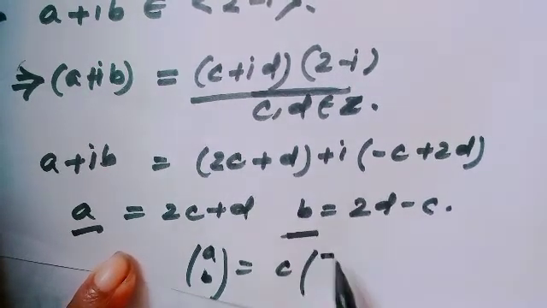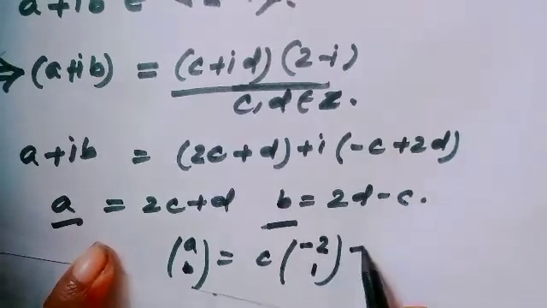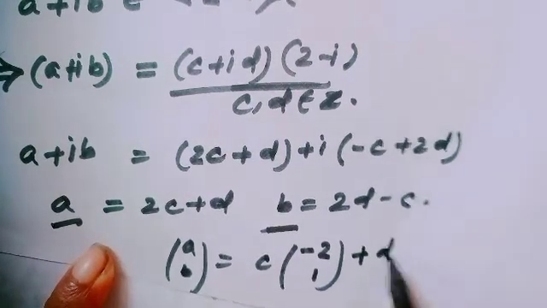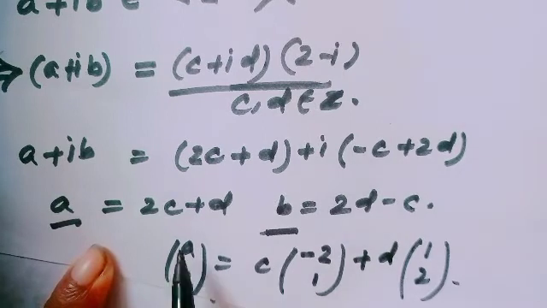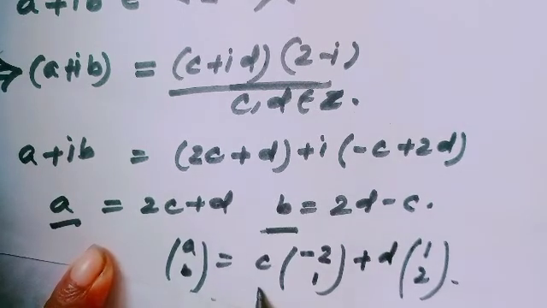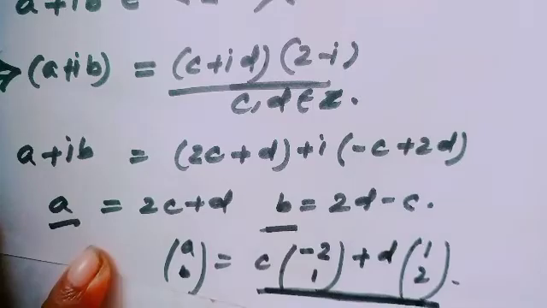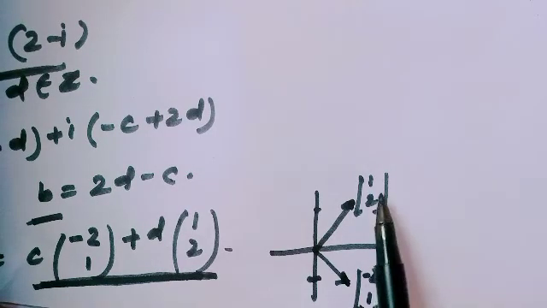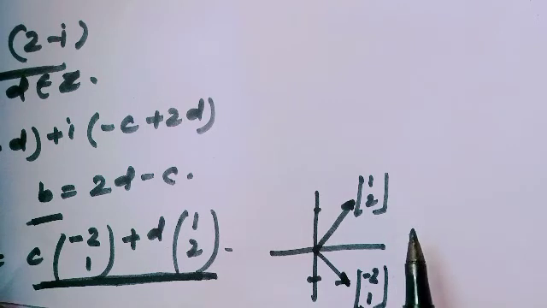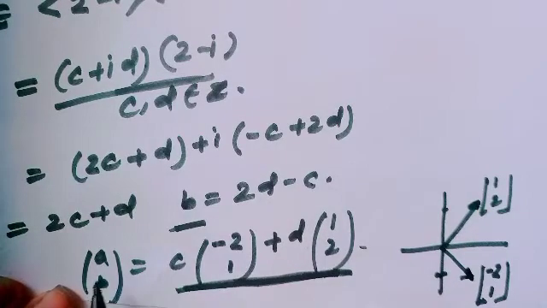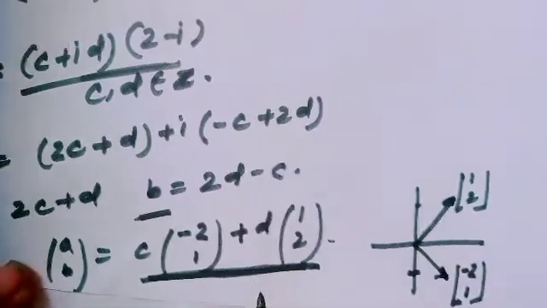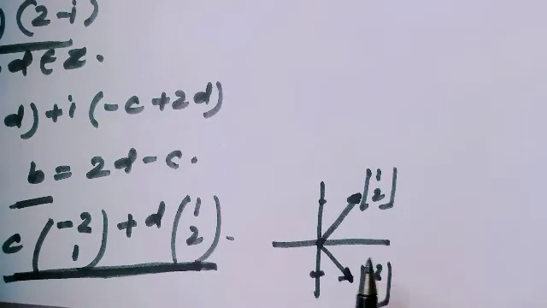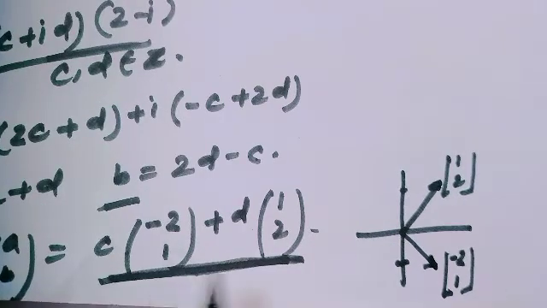C times (-2, 1) plus D times (1, 2). That means this vector AB is a combination of these two vectors. The vectors look like this: this is the (-2, 1) vector and this is the (1, 2) vector, and the vector AB is actually a linear combination of these two vectors. In my vector algebra class, I would say this combination is an orthogonal basis on the plane.